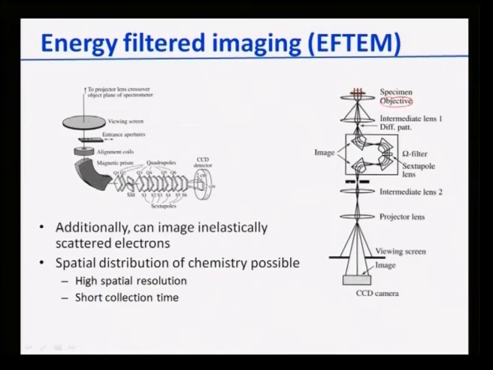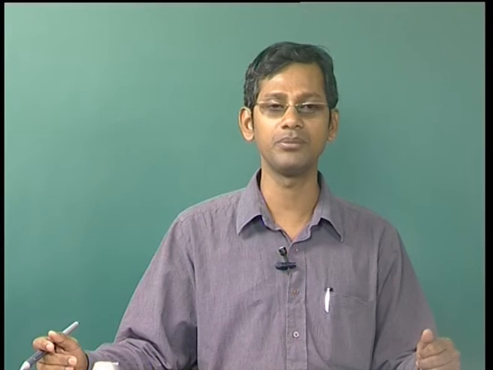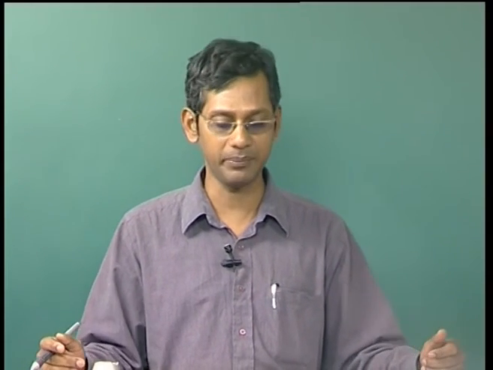They can filter them, and then they pass to a set of other lenses, and then we can get the image. So that means you need to attach this part inside the column of the electron microscope to obtain this kind of energy filter imaging. That is what I want to say. So that means extra cost. Basically you have to add these filters within the column to get energy filter imaging.